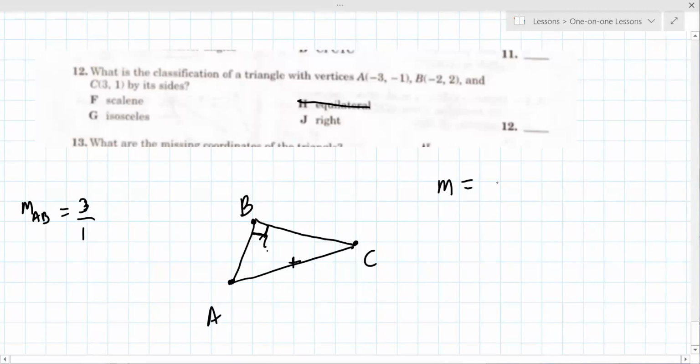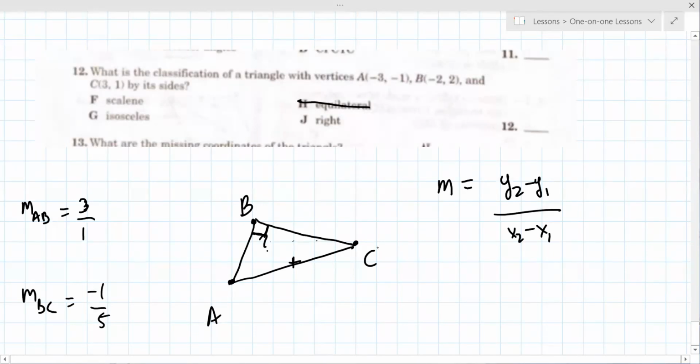You can always use the slope formula. Okay. From B to C, you're going down 1. And then how many are you going right? Well, 1, 2, 3, 4, 5. So you're down 1/5.